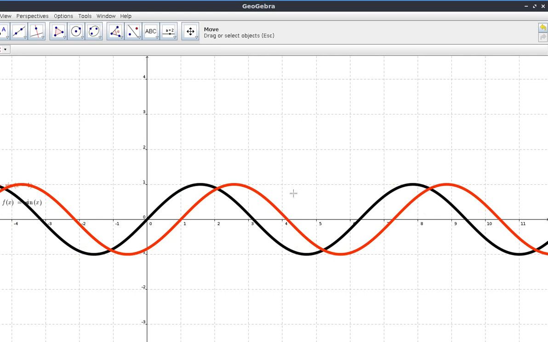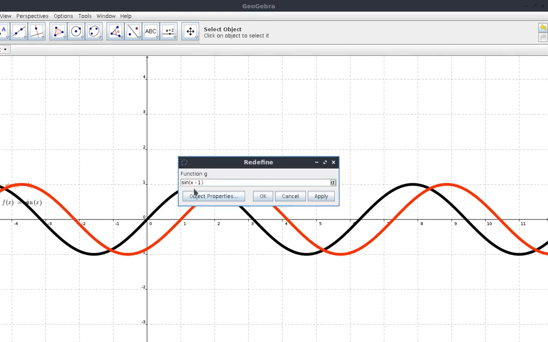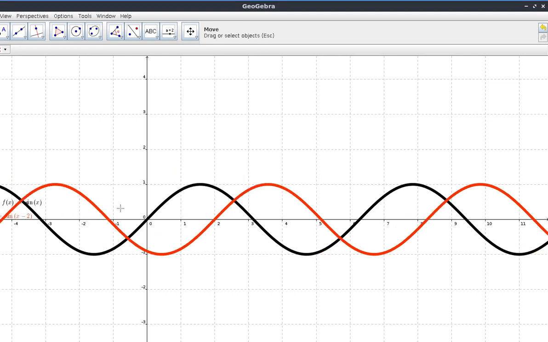What would happen? It cuts at 1. So when you say sine of x plus 1 in the bracket, there is a shift to the left, one place. When you say sine of x minus 1, there is a shift to the right, one place. Suppose we had said minus 2. It shifted 2 places.